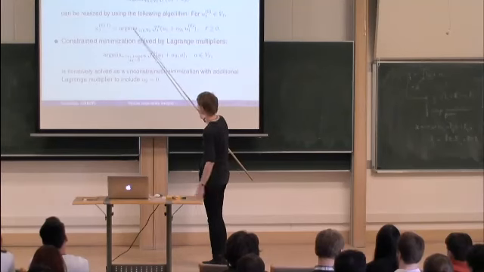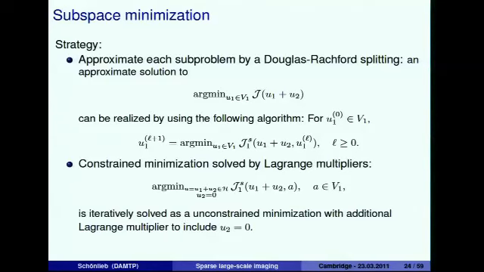This is just the same as this, just reformulated for the whole space H. And then we can iteratively solve this minimization problem by reformulating it as an unconstrained minimization problem, and we can apply whatever you want to solve this.